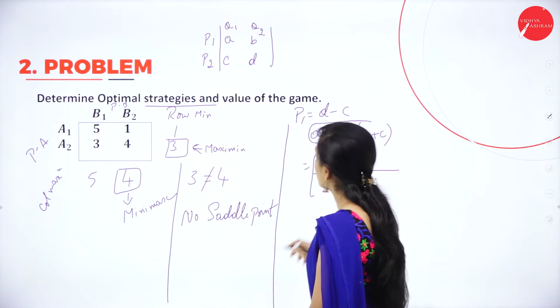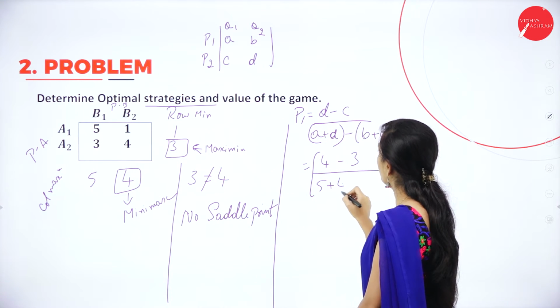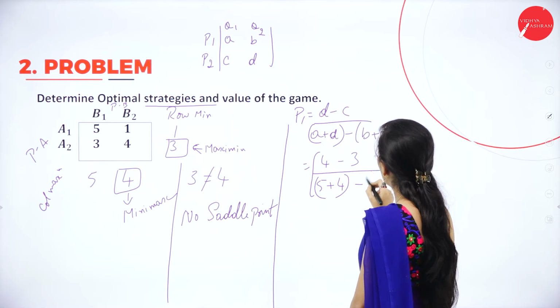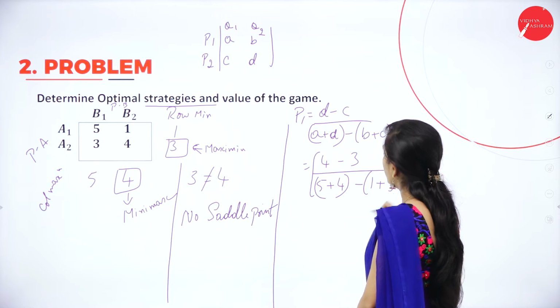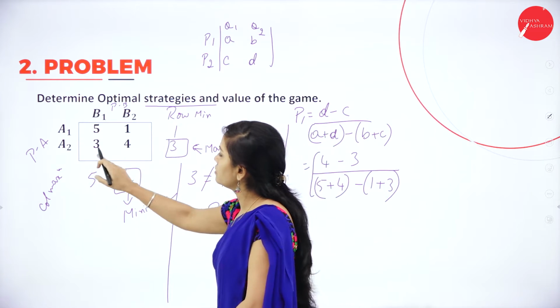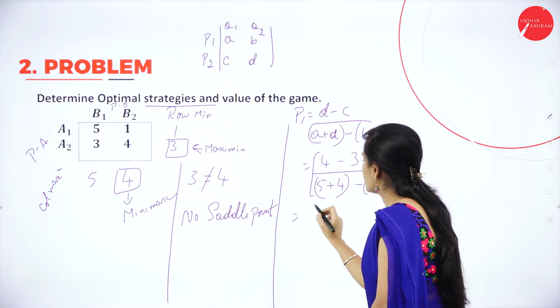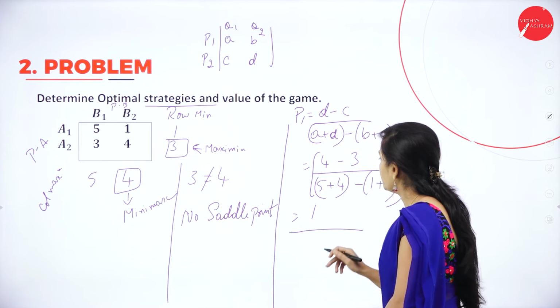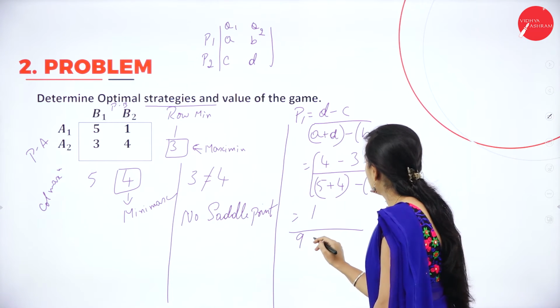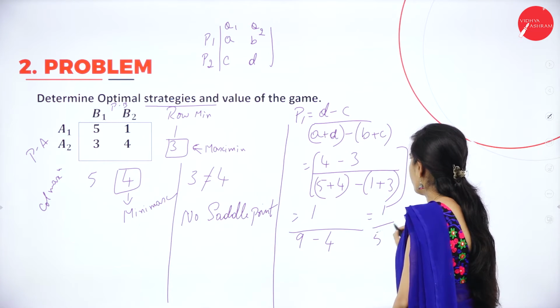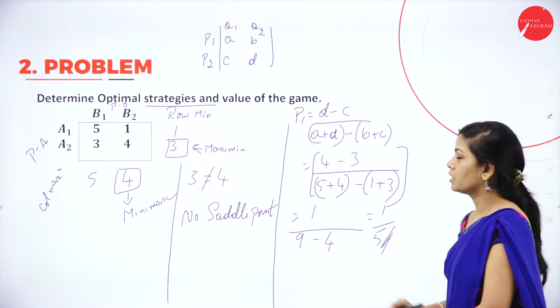A plus D is 5 plus 4, minus B plus C, where B is 1 and C is 3. So 4 minus 3 is 1, and in the denominator 5 plus 4 is 9, minus 1 plus 3 is 4, so 5. So P1 is 1 by 5.